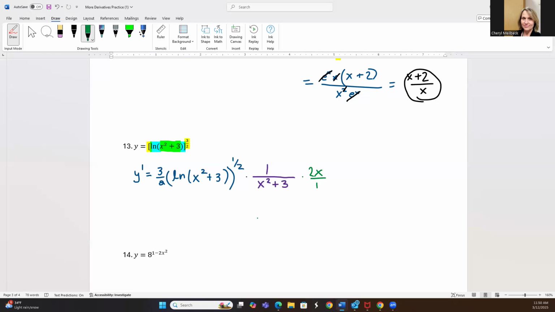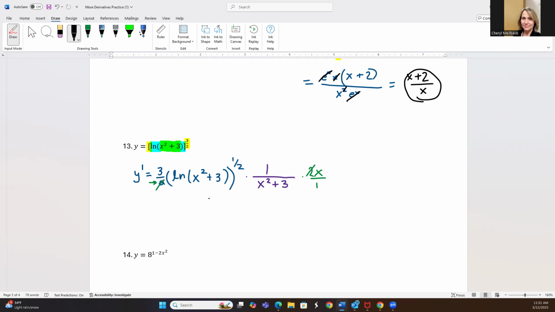Looking at this, there appears to be some things we can cancel. Everything here in dark blue is in the numerator except the 2. The 2 is in the denominator. In purple, this x squared plus 3 is in the denominator. And in green, the 2x is in the numerator. But since this 2x is in the numerator and this 2 is in the denominator, they can cancel.